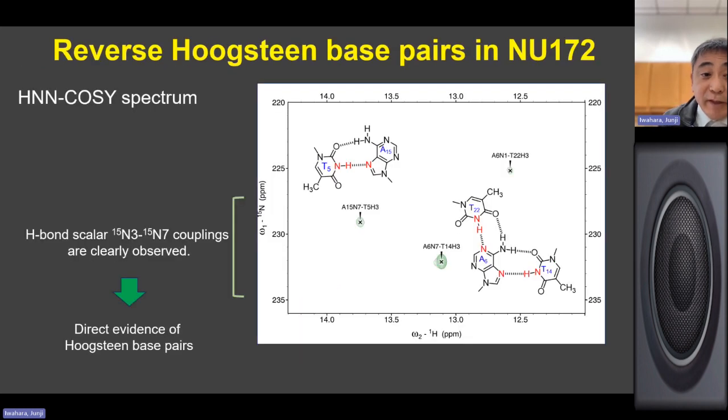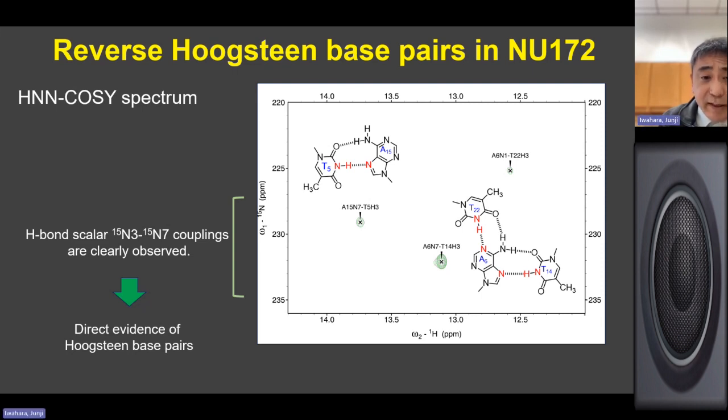We also confirmed the presence of a reverse Hoogsteen base pair in NU172. We used HNN COSY for the experiment, and we observed direct evidence of hydrogen bond scalar coupling between the N7 of adenine and the imino nitrogen of thymine for this one and this one.